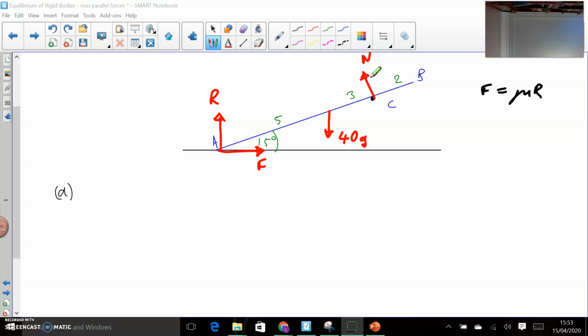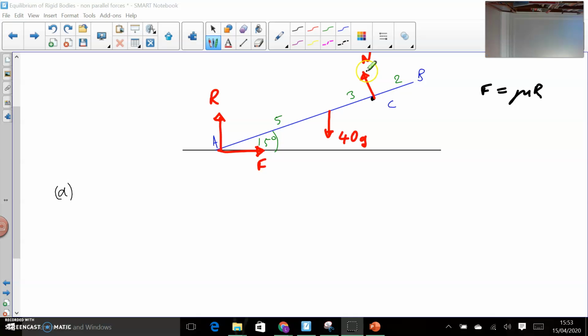So part A is to find the normal reaction N, normal reaction at C. Now the way to do this, we apply the two conditions: the sum of the forces must be 0, and that means the forces must be 0 in any two directions, and the sum of the moments about any point must be 0.